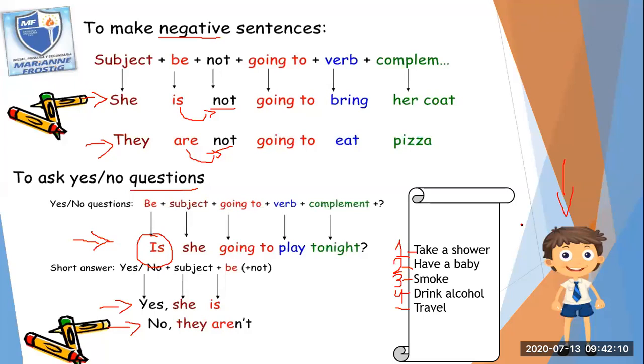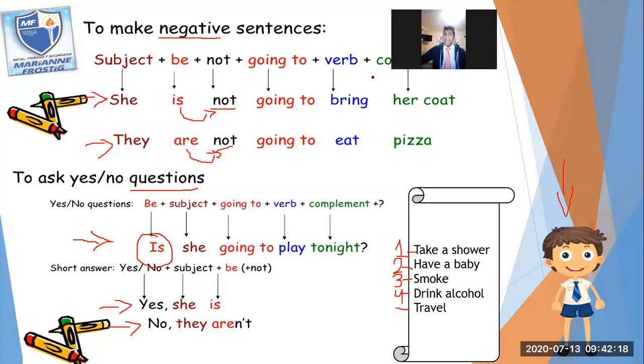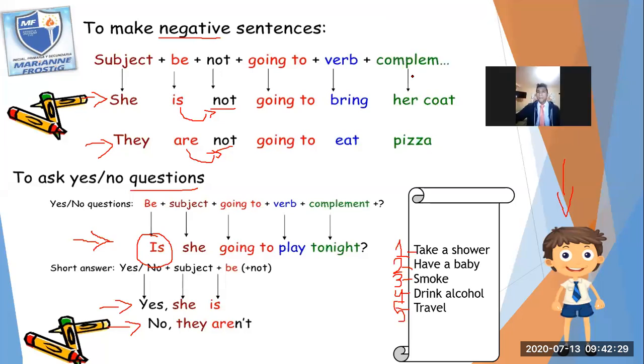Antoinette, okay. Antoinette, please, activate your microphone. Tell me number 5 in affirmative, Antoinette. Ah, okay, Antoine, you can write on the chat, please.